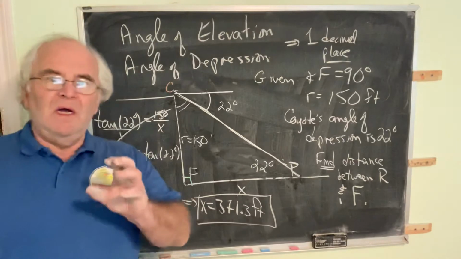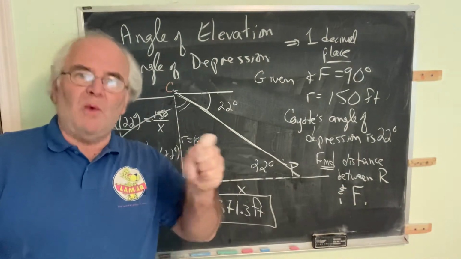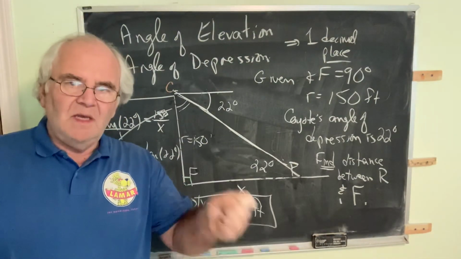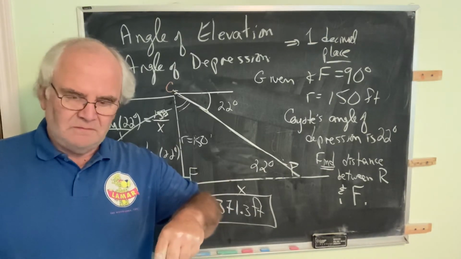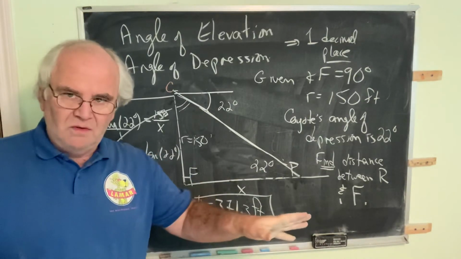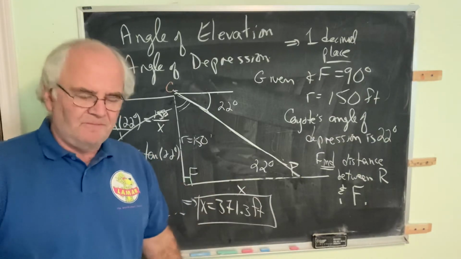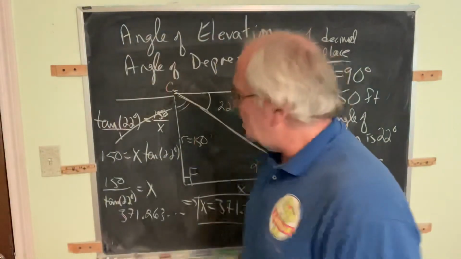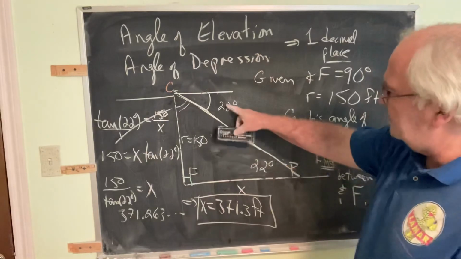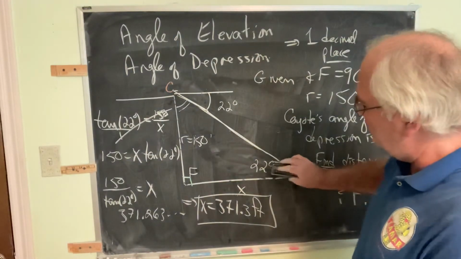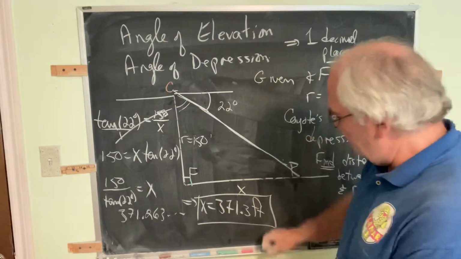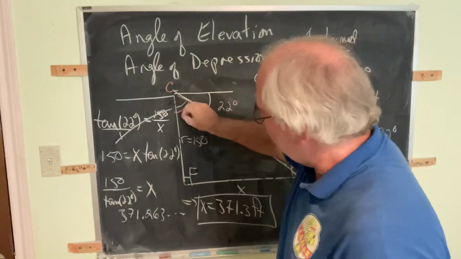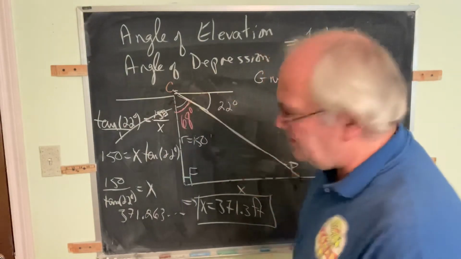Now, what I'm going to do for the rest of this video is solve this using a different method, just to show that it doesn't matter which one you pick. See, what we could have done is this. Instead of saying this is 22, therefore this is 22, we could have said this is 22, therefore this is 68 degrees.